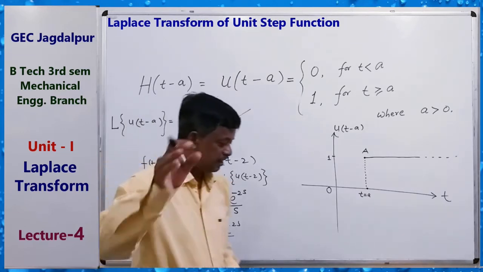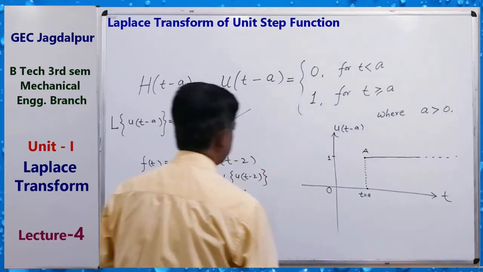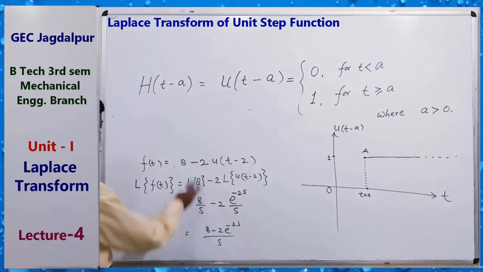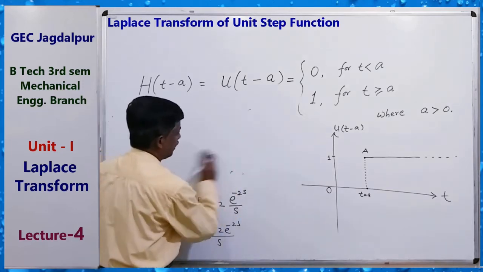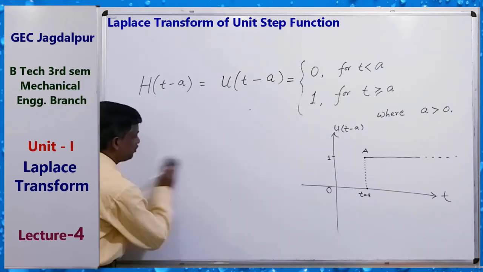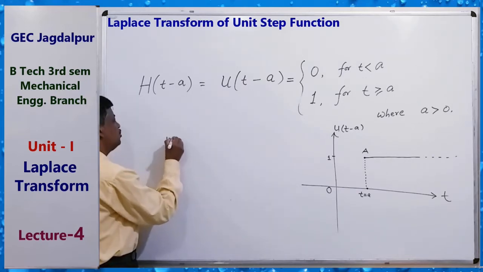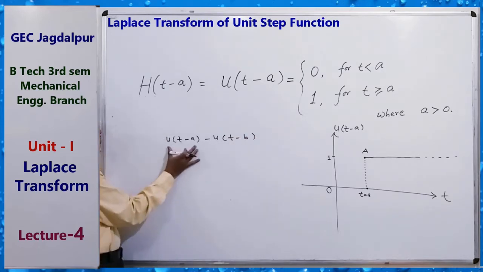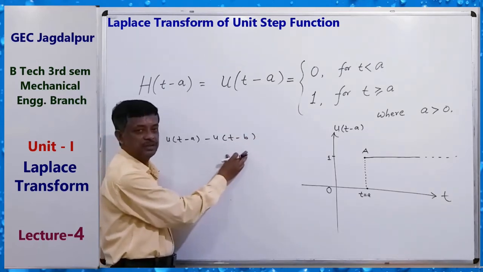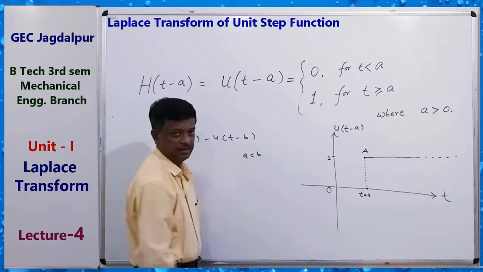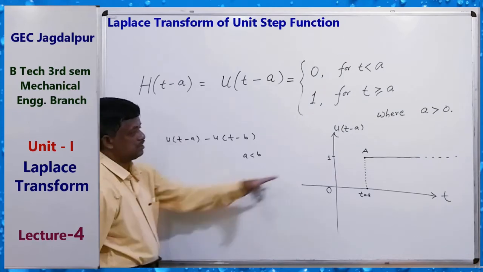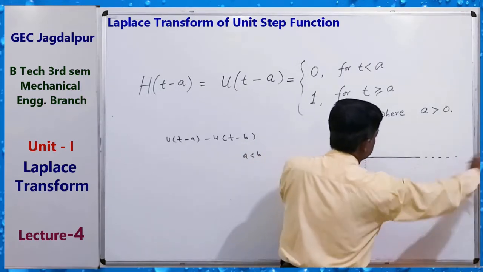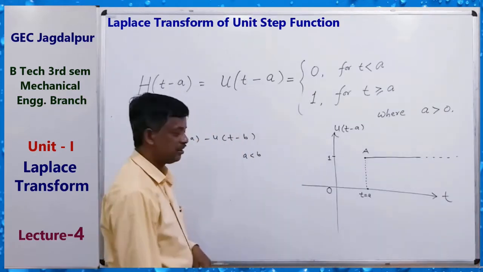Okay. Here, take another example. The graph of the unit step function is this. Suppose we want to find the graph of the function u(t minus a) minus u(t minus b), unit step functions, this is for a, this is for b. Suppose here a is less than b, then its graph is this: a straight line from a to infinity.